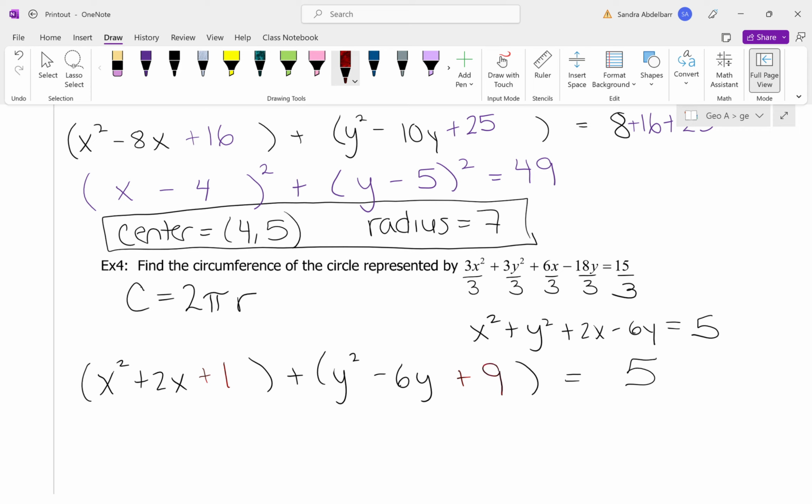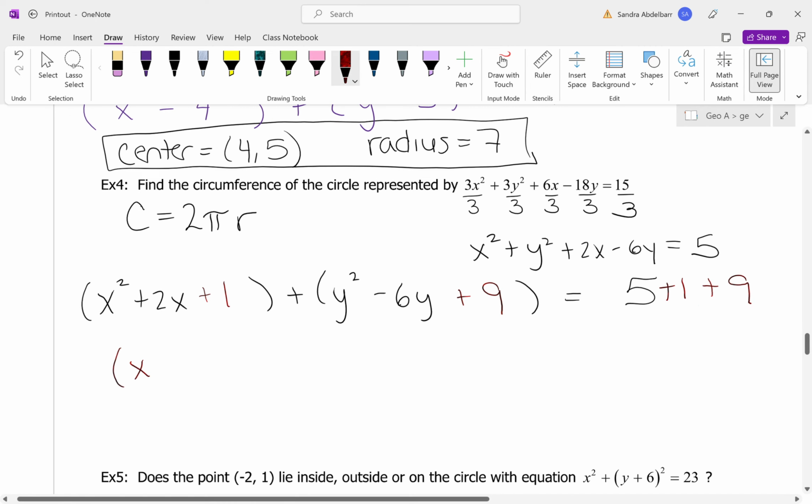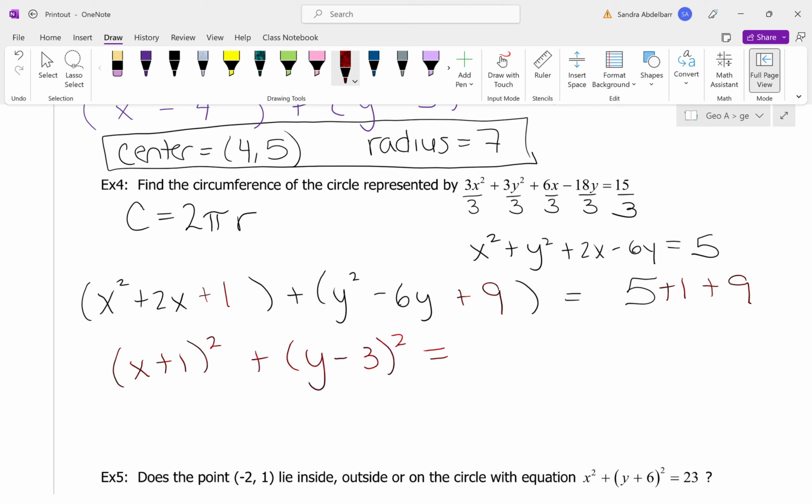Plus 9. And now I added a 1 and I added a 9 on the left side. What should I do to the right side? Add a 1 and add a 9. So now we factor. So we have x plus 1 squared and then y minus 3 squared equals 15.